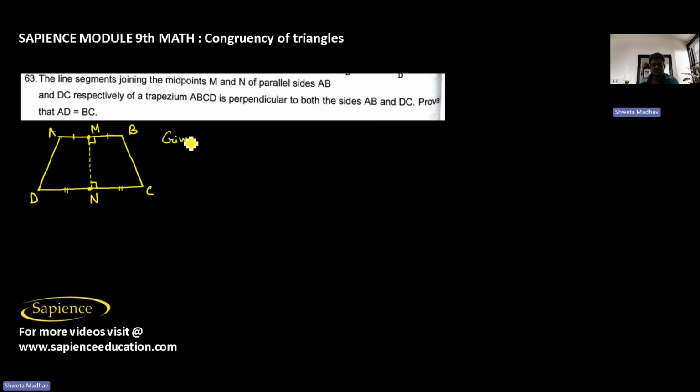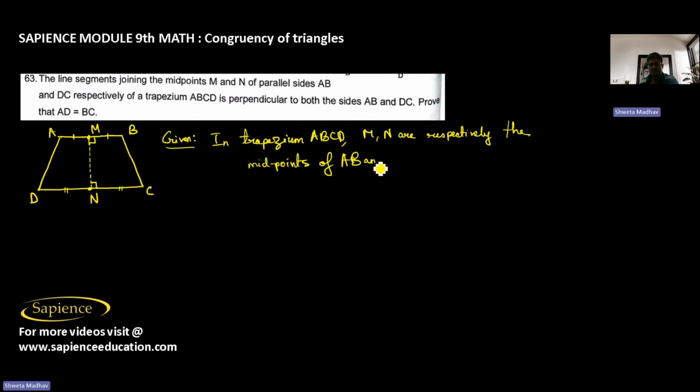So first we will write what is given. Given is: in trapezium ABCD, M and N are respectively the midpoints of AB and CD, where AB is parallel to CD.